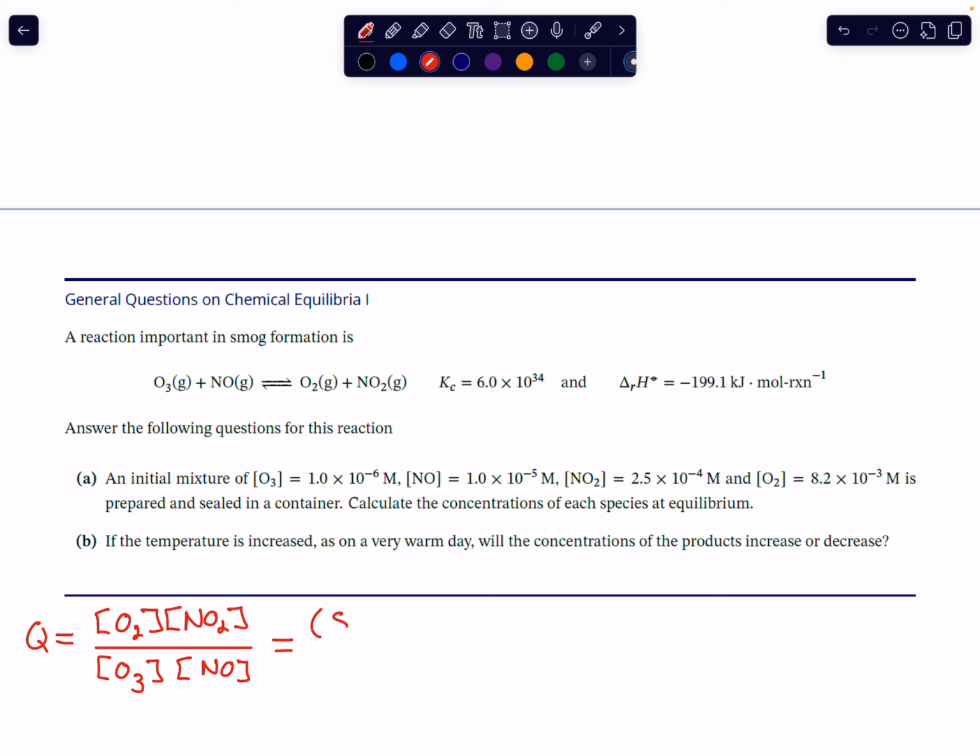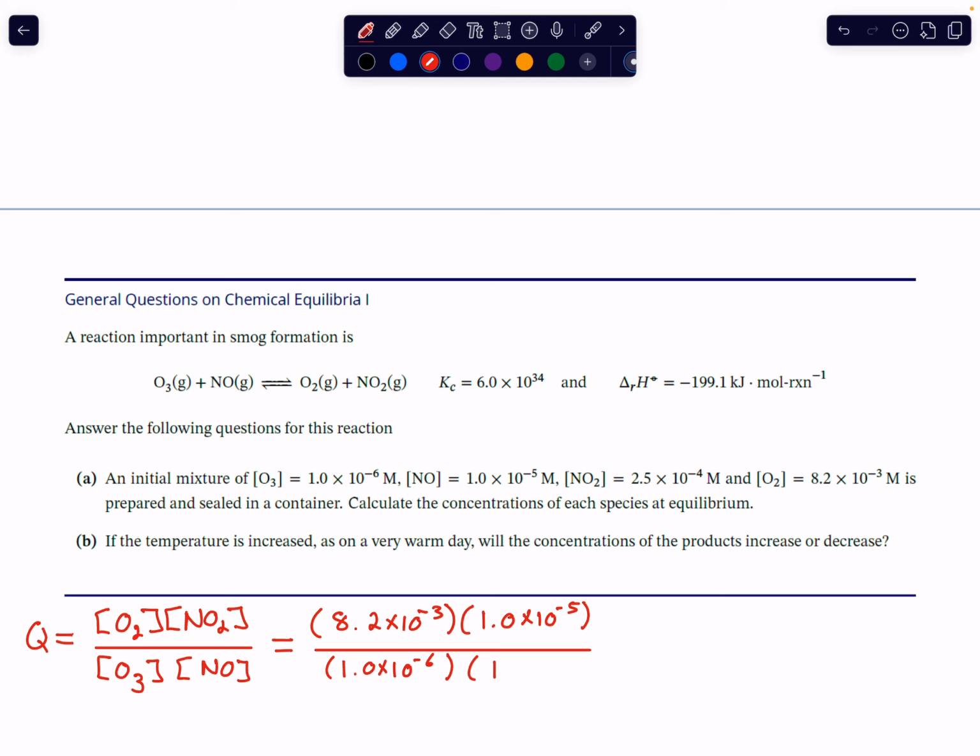Oxygen is 8.2 times 10 to the minus 3. Nitrous oxide is 1.0 times 10 to the negative 5. Ozone is 1.0 times 10 to the negative 6.